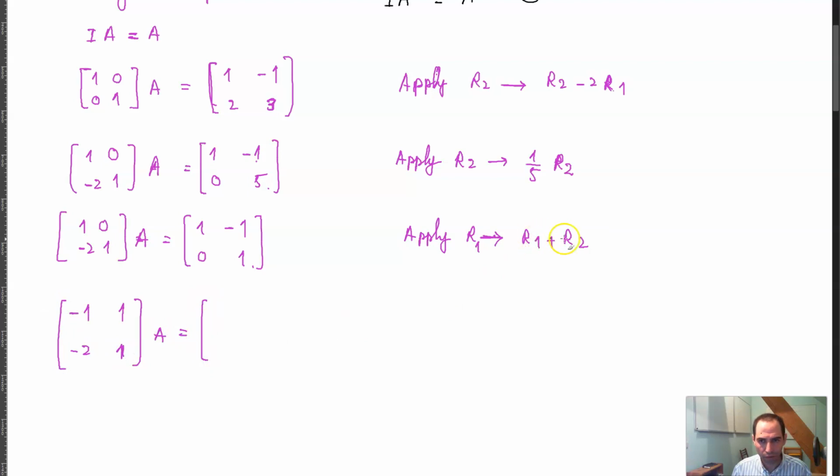And then over here you have R1 becomes R1 plus R2, which means that 1 plus 0 is equal to 1, and this becomes a 0, 0, 1. And now this is in the form of I, and this matrix times A is equal to I. That means that A inverse is equal to negative 1, 1, negative 2, and 1. That is the inverse of A.